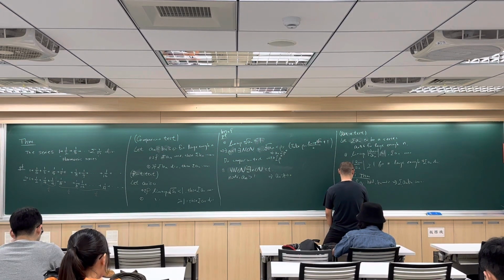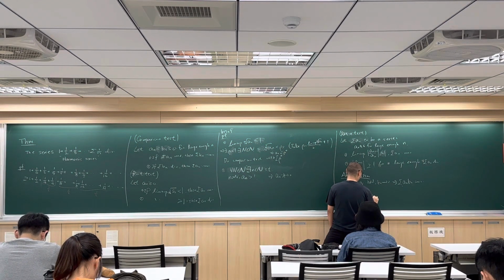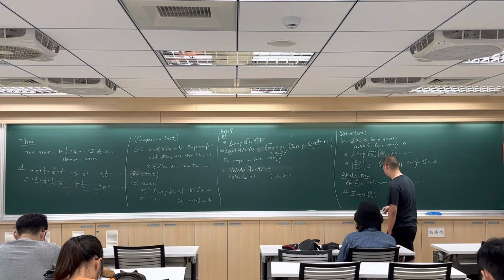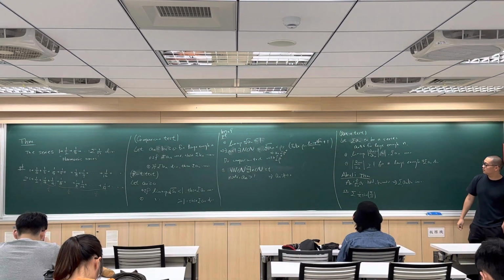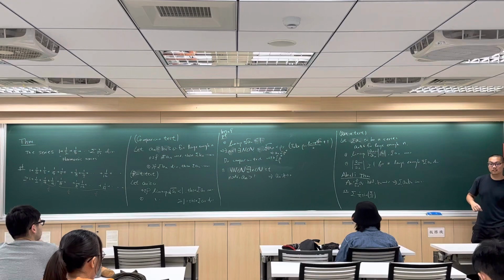If you want to solve something like, for example, the sum over n from 1 of sine(n pi over 4) over n, does it converge?